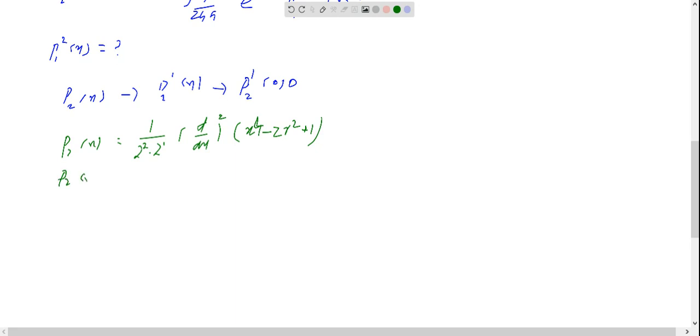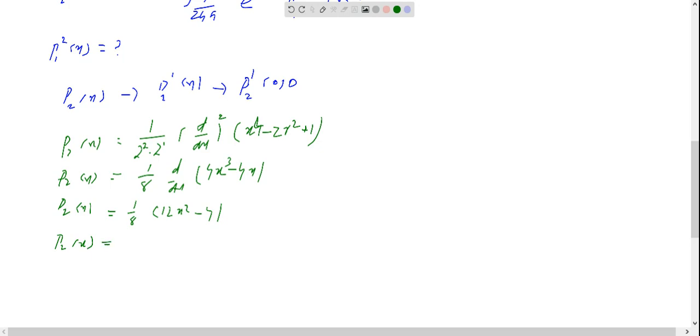So P2(x) is equal to 1 out of 8 d out of dx, and taking the derivative we get 4x cube minus 4x. Therefore P2(x) equal to 1 out of 8 into 12x square minus 4, so P2(x) equal to 1 out of 2 into (3x square minus 1).